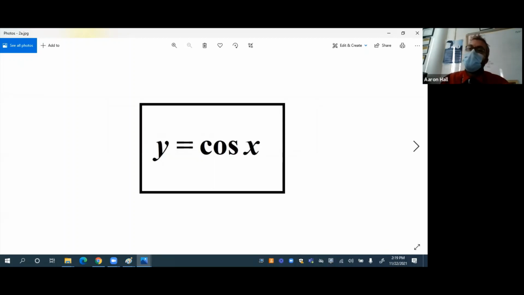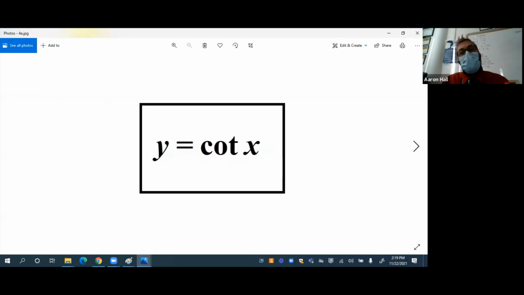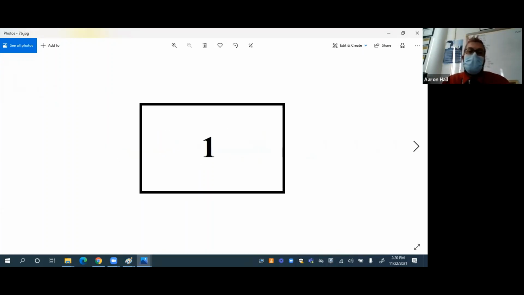Look at this one. Is this a co-function? Yeah, it's cosine, so it's negative. Let's look at the next one. Is this a co-function? Yes, it's cosecant, so it is negative. This one here, is that a co-function? No, so it's positive. Is this a co-function? No, so it's positive.